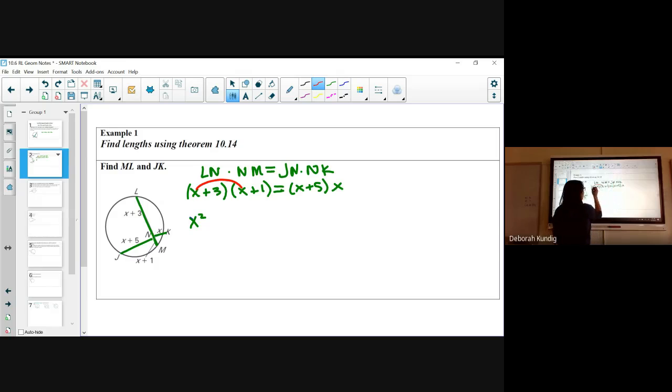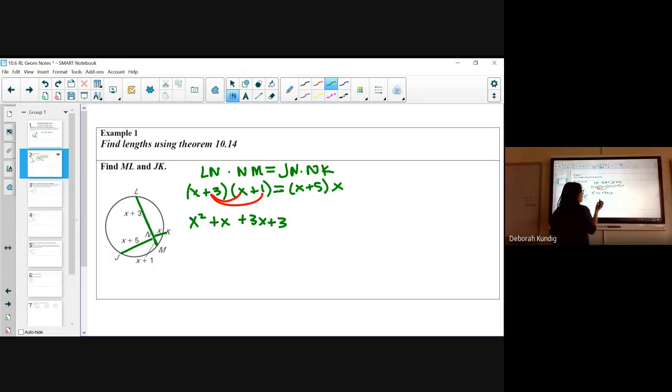Then I'll have x times 1 is 1x. Then I take the second term and distribute it to both. So 3 times x will give me positive 3x, and 3 times 1 is positive 3.